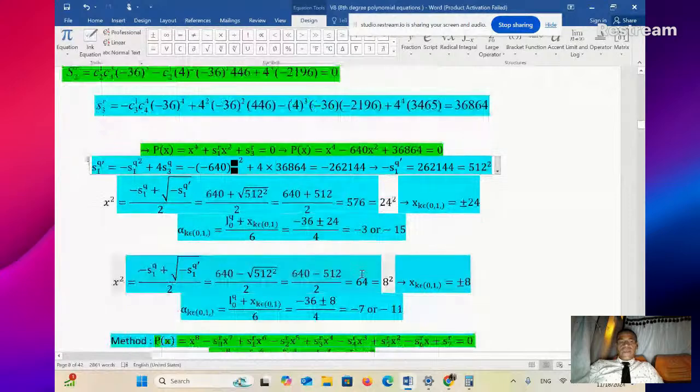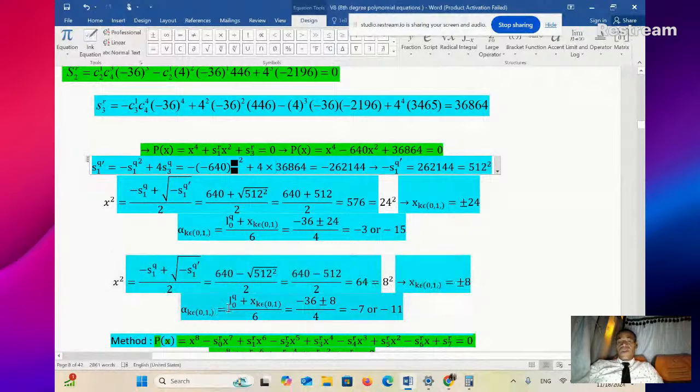You see here we make plus, then the x squared will be negative. So 640 minus the root of 512 squared, that is 640 minus 512 over 2, gives us 64. 64 is a square number, you can write it as 8 squared. So x subscript k from 0 to 1 is plus or minus 8.